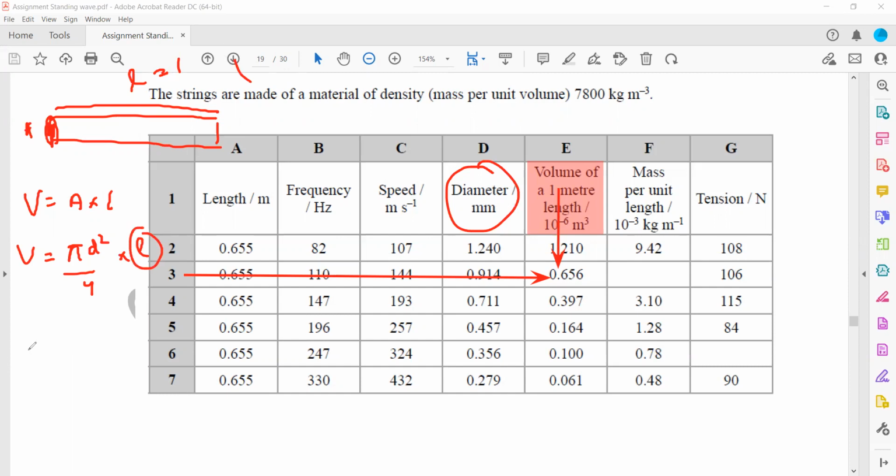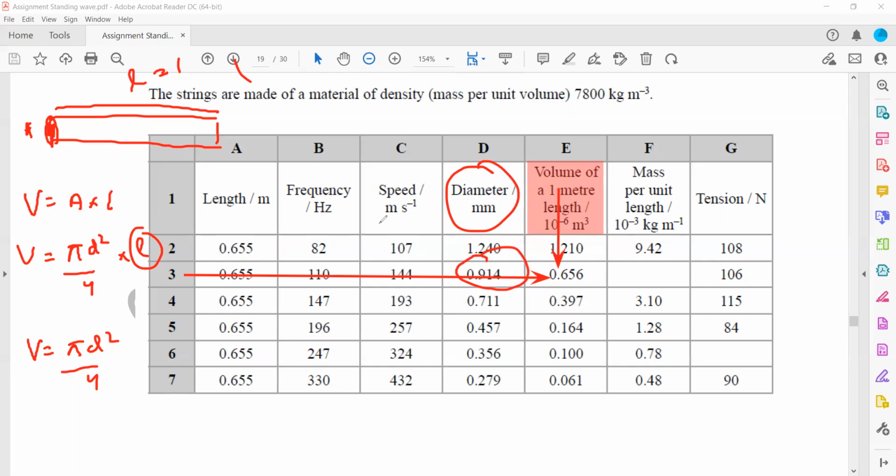So the volume will be pi d square by 4. And which diameter? As you can see, the diameter is different here, so which cell should we use? We should use cell D3.